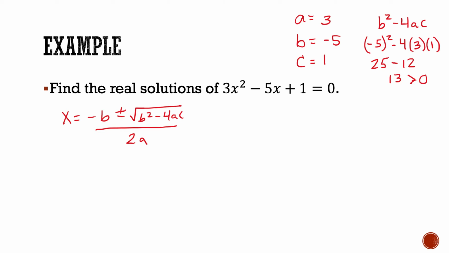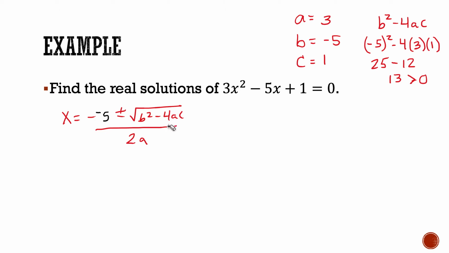All right, so let's plug our numbers into the quadratic formula. So the first thing I'm going to plug in is for the b. So I'm going to be really careful here. I'm going to erase the b, and in place of the b, I'm going to put a negative 5. Now, the discriminant, b squared minus 4ac, I already know that that's equal to 13.